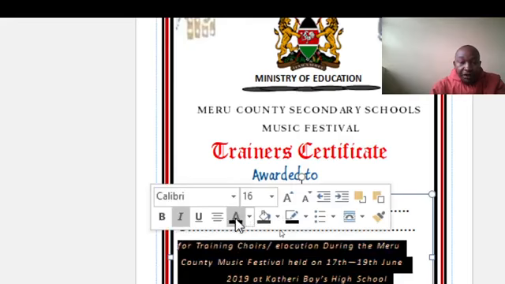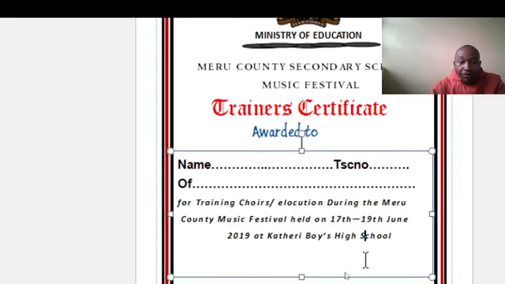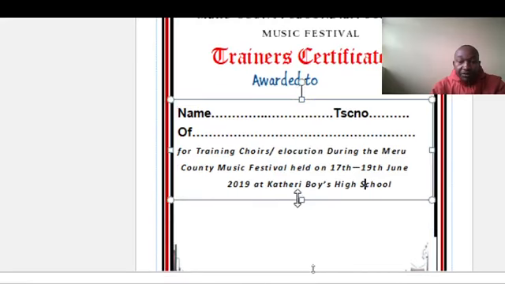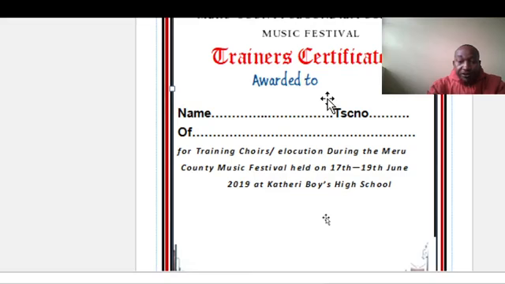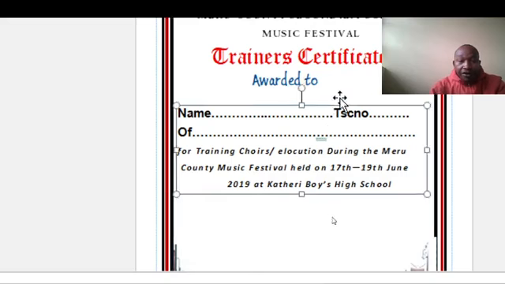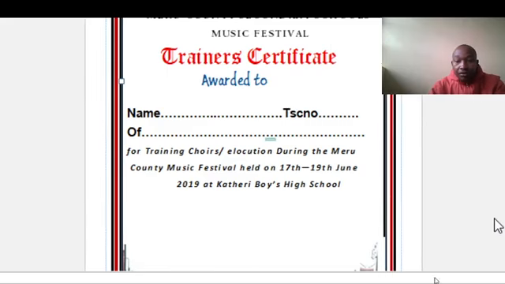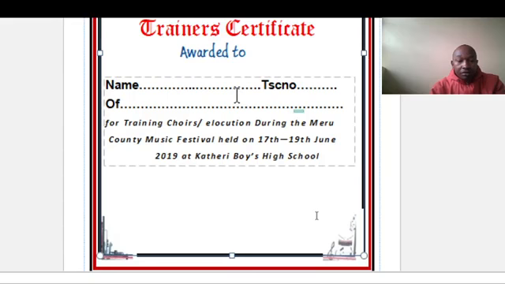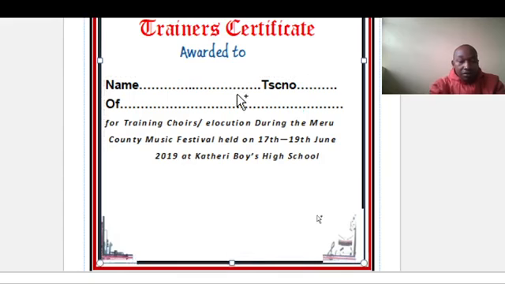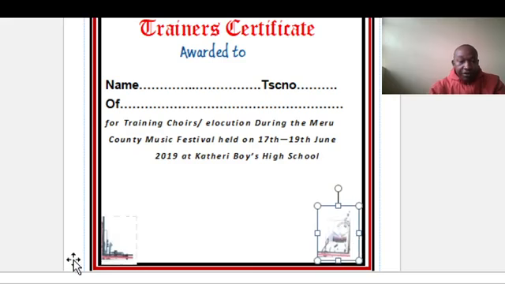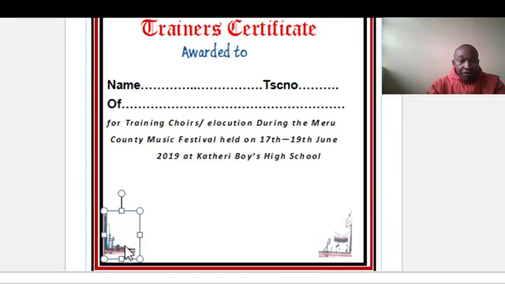One should be black and bold. Therefore, for the name, TSC number, and training, after doing that we need this one to be up to that point, and you can use the arrow keys to place this one somewhere there.